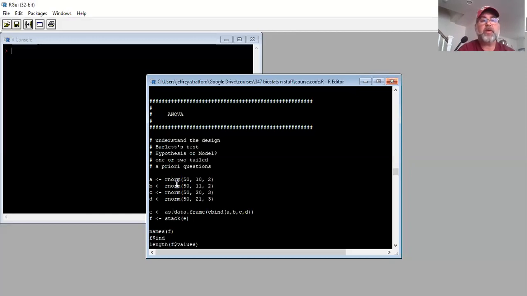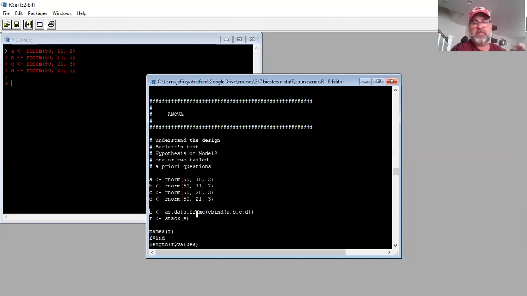Okay, so we'll quick run that. So A, B, C, D. And what we're going to do is, as data frame forces these sort of disparate vectors, so A, B, C, D are these different vectors, we're going to force them into the same data frame.